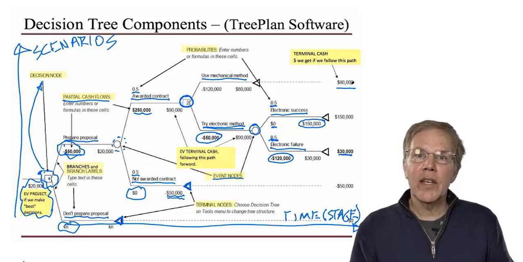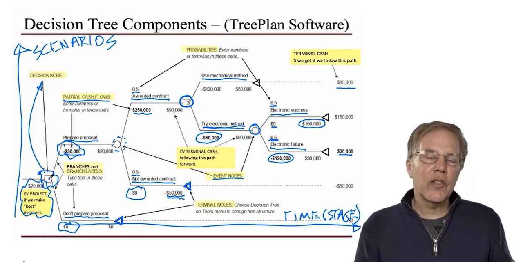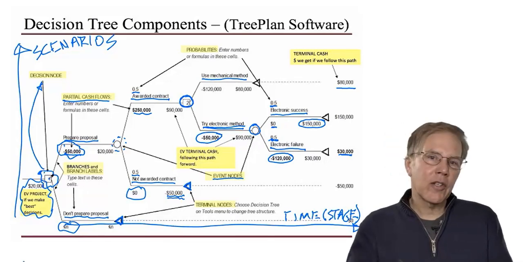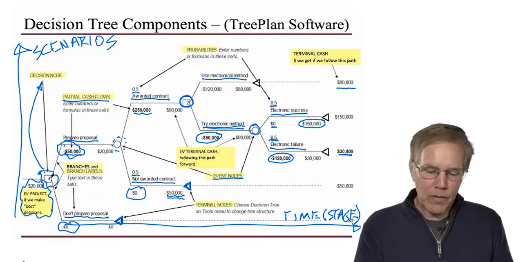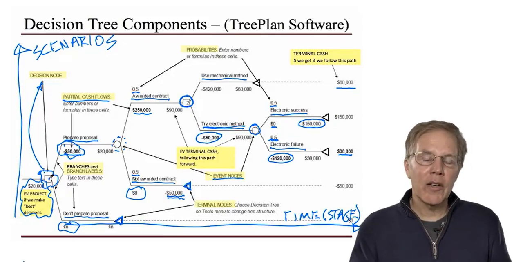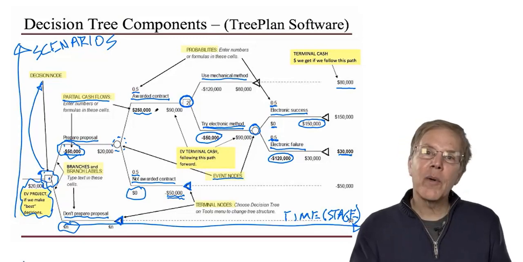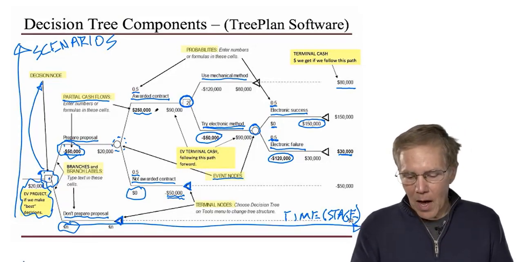Okay, so those are the key things with any decision tree. We start somewhere, usually with a decision: basically, try this project or don't try this project. And then as we move along, things may happen that are out of our control, like we get awarded a contract or we don't, and we have to guesstimate probabilities for each of those scenarios.